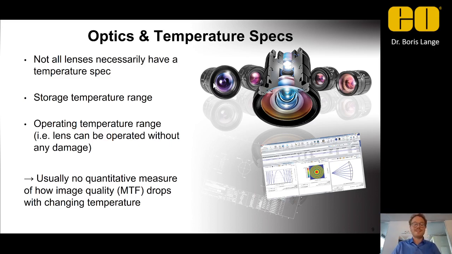And just to be clear, if you see an operating temperature range, say -10 to +50 degrees or whatever it is, that doesn't mean that your image is going to stay in focus over this entire range if you change temperatures. That rather means that at any given constant temperature within that window, the lens is not going to be damaged. It doesn't mean that you don't have to deal with the defocus.